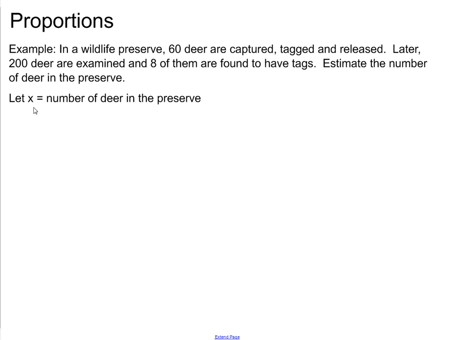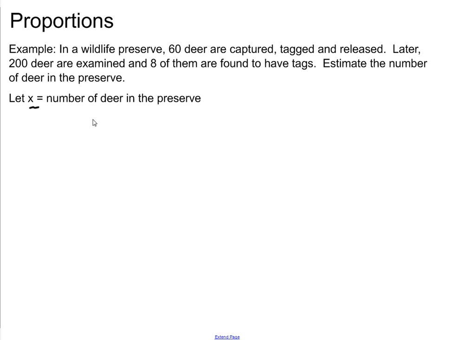In a word problem like this, we always want to define what we mean by our variable. So let's make x equal the number of deer in the preserve. What can we say? If there are 60 deer that are captured, tagged, and released, then the number of deer in the preserve should be proportional to the number that have tags. So let's take a look at this.